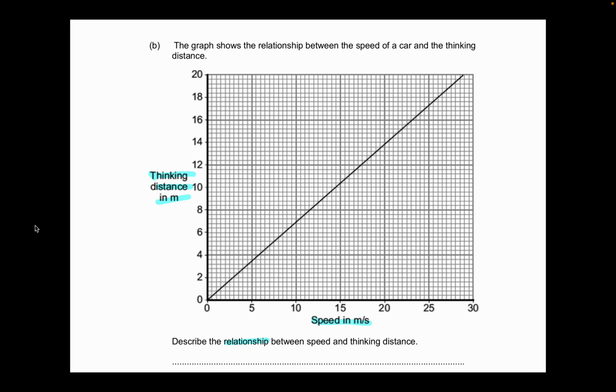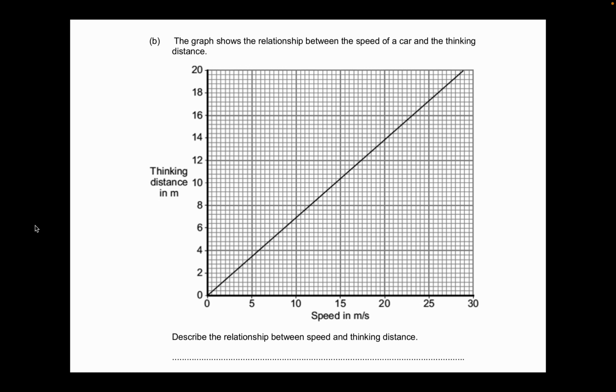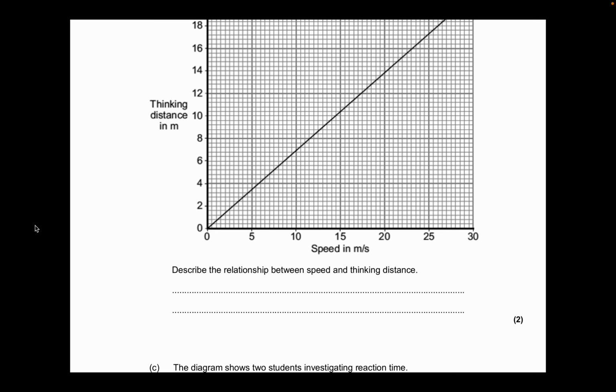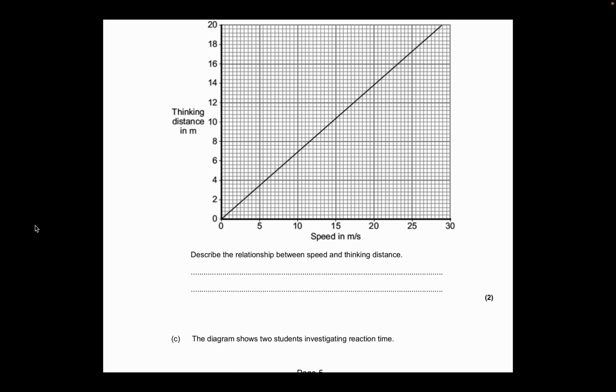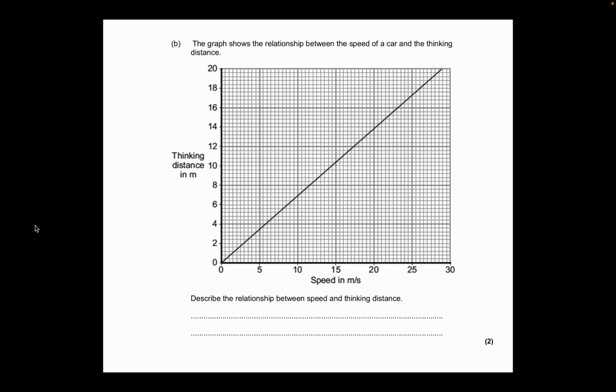Okay, so these are some important factors to consider. What you can see on the graph is a straight line running through the origin. First of all, check how many marks the question is. This question is worth 2 marks, so we have to mention 2 points. What we're going to write is the keyword that this is directly proportional, because it's a straight line running through the origin.